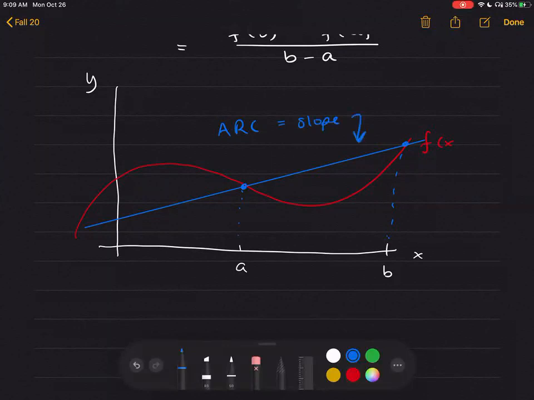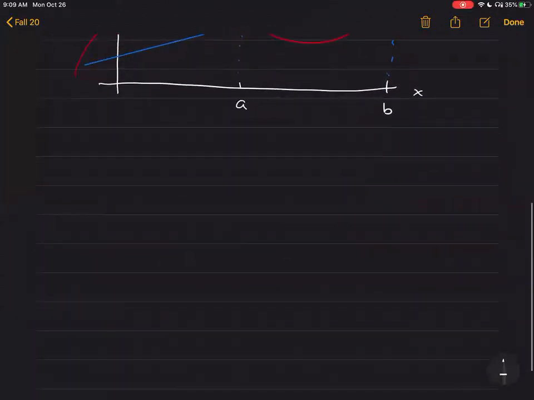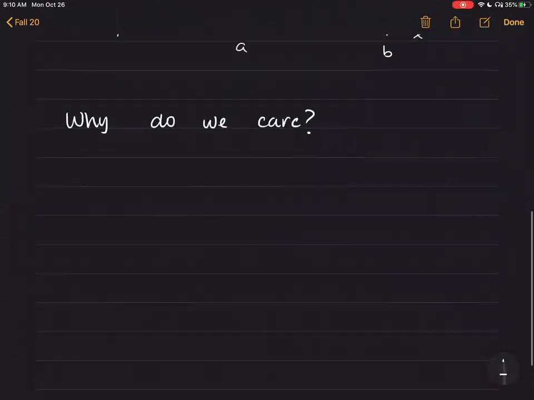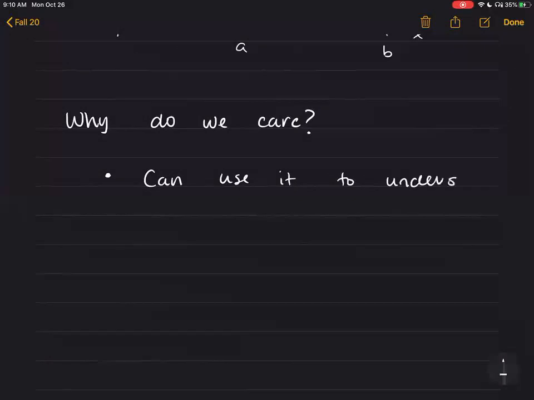Okay. So this is all fun and fine, but why do we care? So why do we care about average rate of change? Well, two main reasons. First, and most practically, we can use it to understand complicated function behavior.